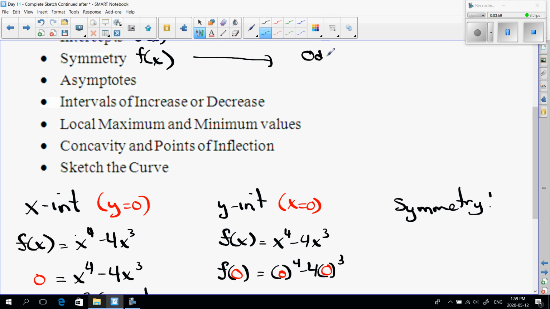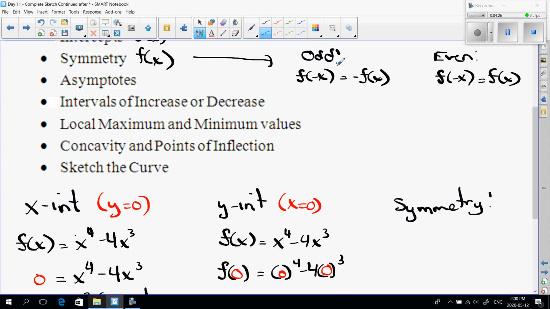A function is odd if f at negative x is equal to negative f of x. A function is even if f at negative x equals f of x. If it doesn't satisfy one of those two situations, then it's neither. It's not odd or even.